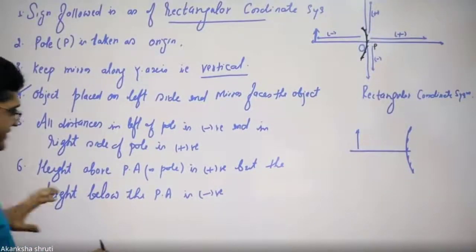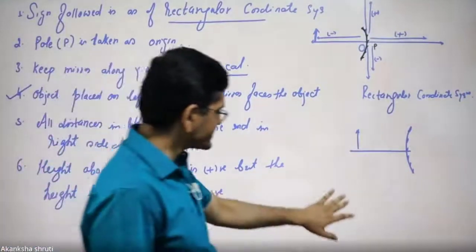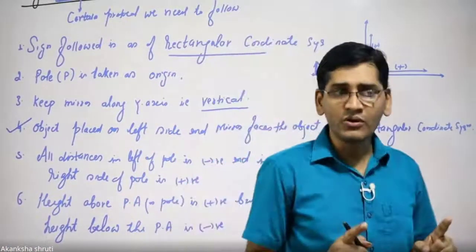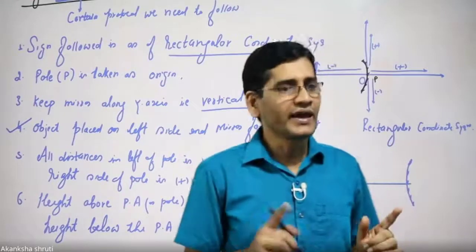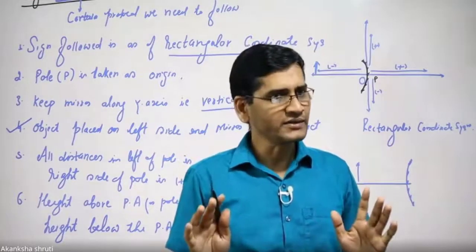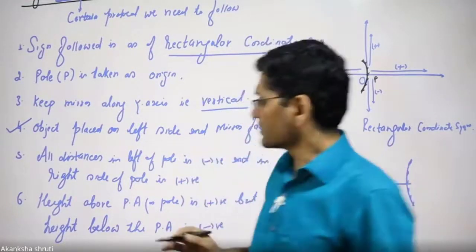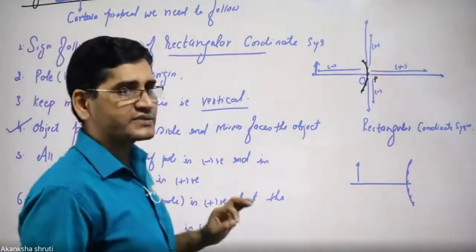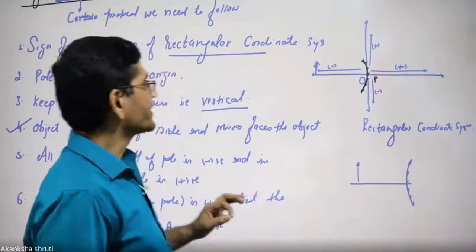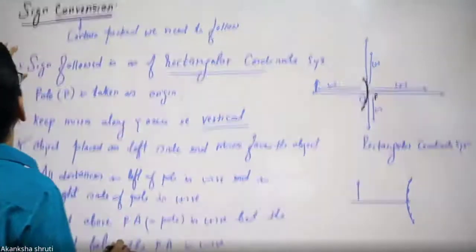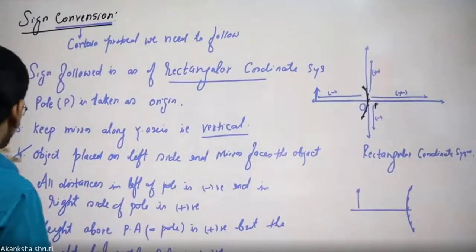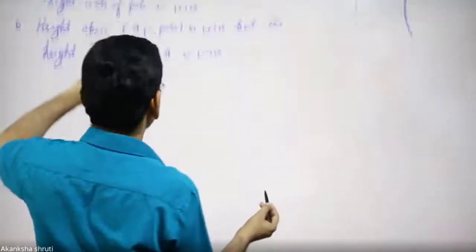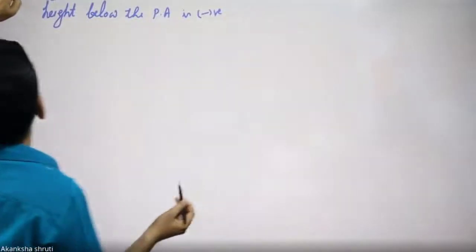So only these are the 6 conventions, and applying these 6, we can write the sign for U, V, F, HO, HI. Okay, student, it is this one. So students, even if it is asked to draw the sign convention, then in your question or in your examination, you have to write these points along with this figure. So how is that figure? Let me draw that figure separately.